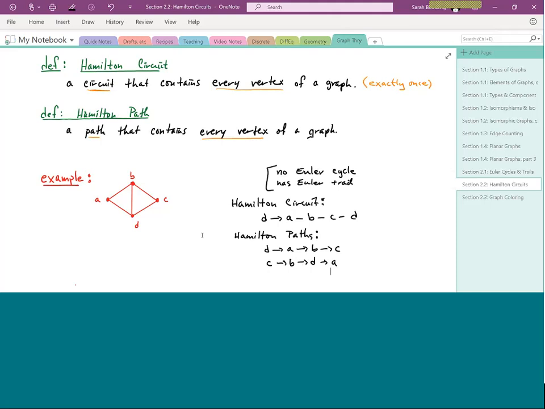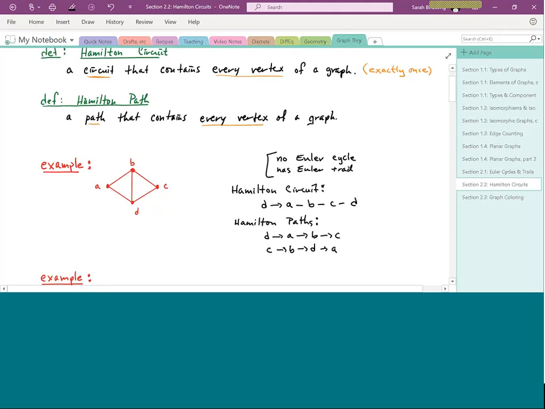One of them was just a Hamilton circuit, and you removed the last edge to make it a path. But the other one, this one that starts at C and goes to A at the bottom, there's no way to turn that into a Hamilton circuit. There are definitely cases where you do not have a Hamilton circuit, but you still have a path that reaches all of the vertices.